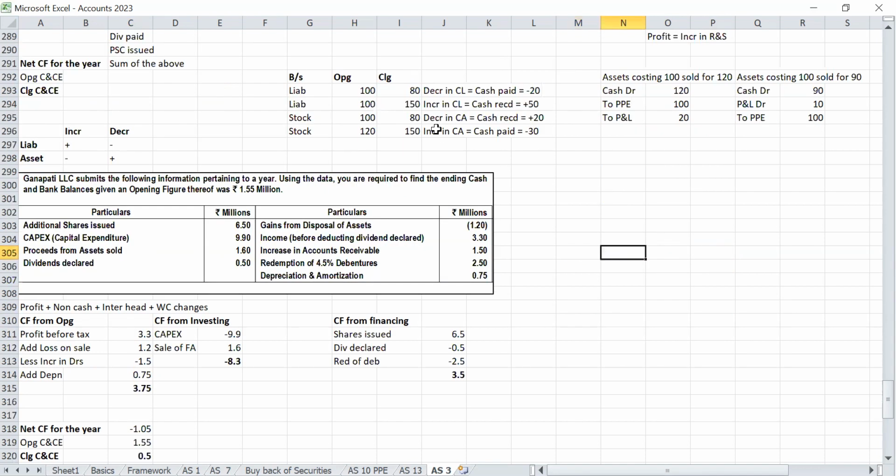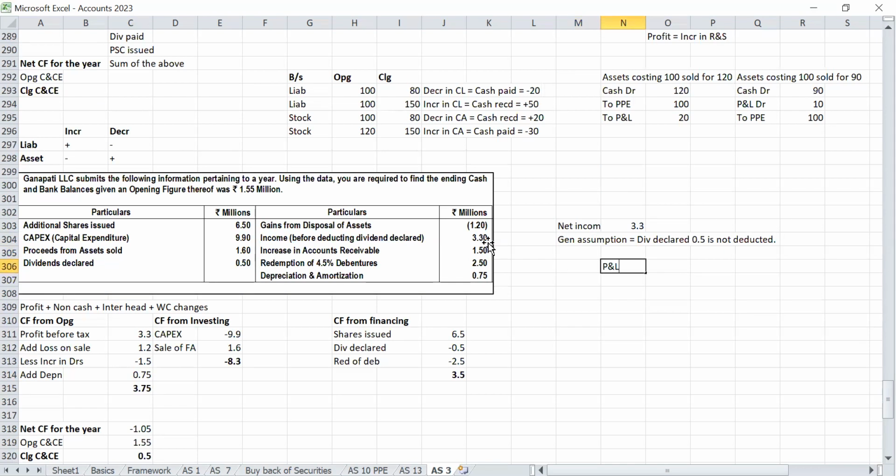In the previous question, income before deducting dividend was 3.3. In that case also, what is the general assumption? Dividend declared, 0.5, is not deducted. That is the general assumption.